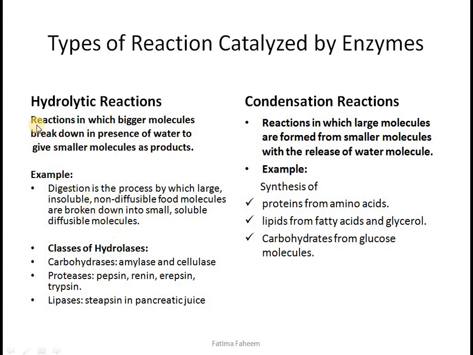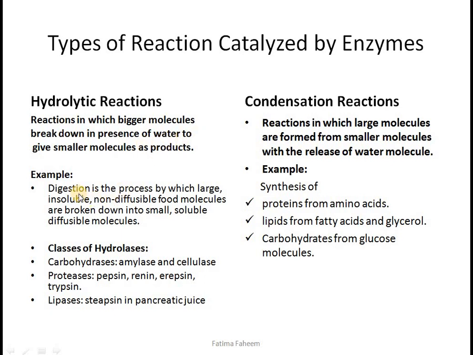Let me make you understand this again. Hydro means water and lytic means breakdown. So these are the reactions where bigger molecules are being broken down in the presence of water molecules.